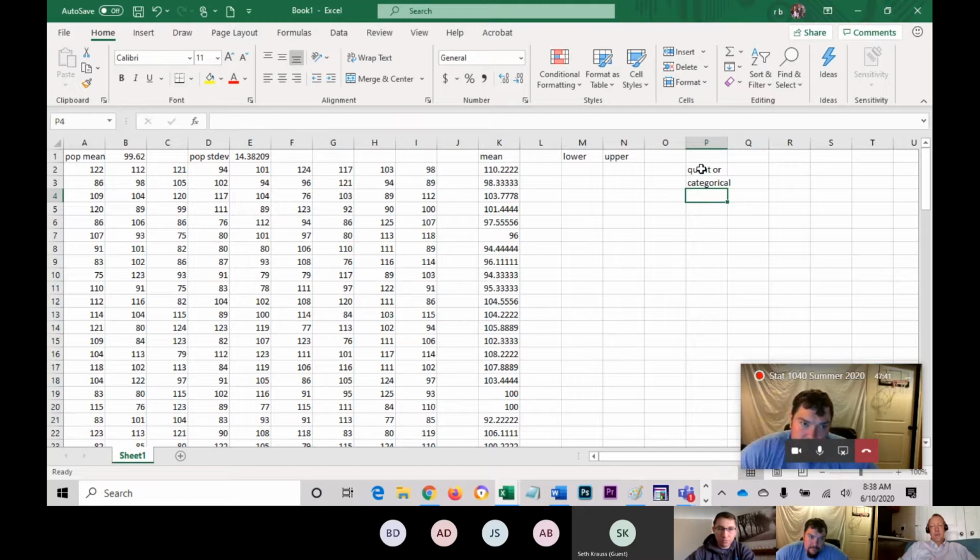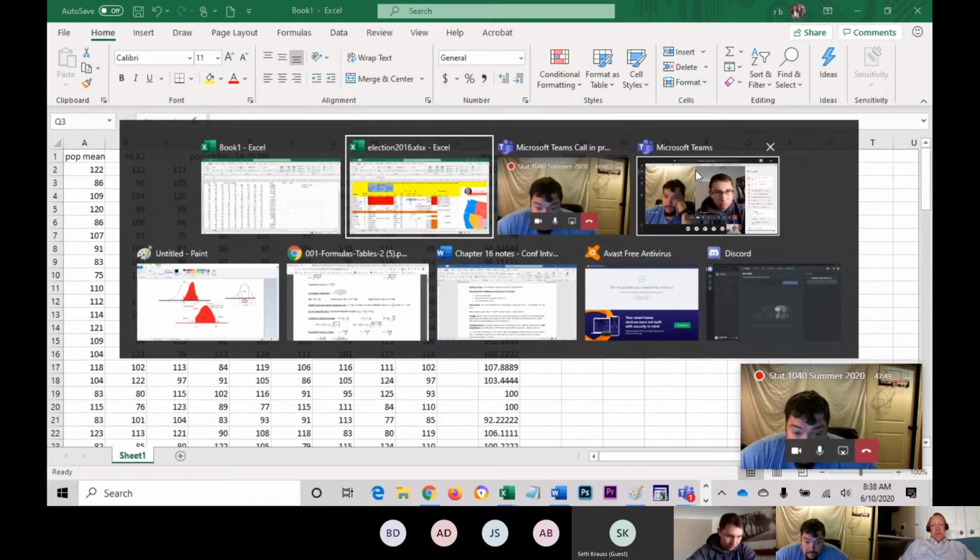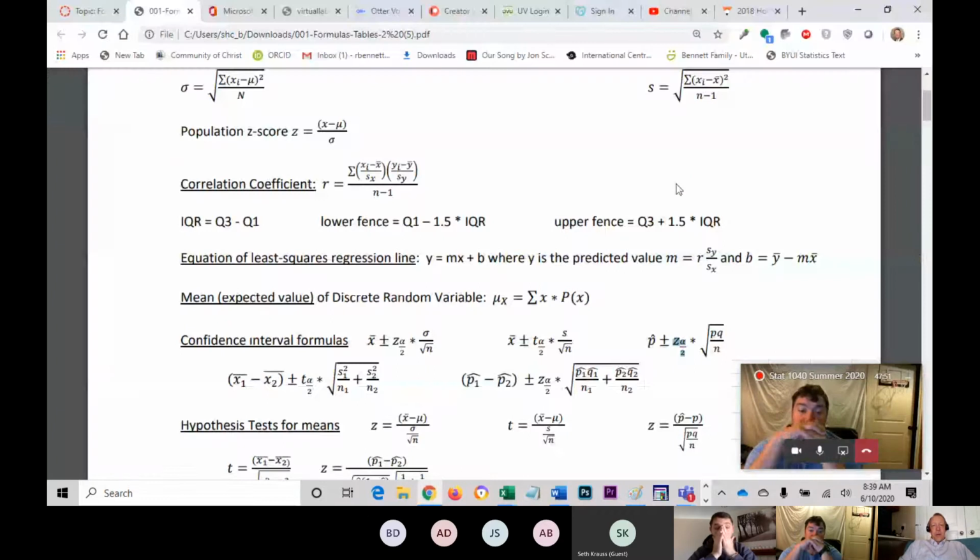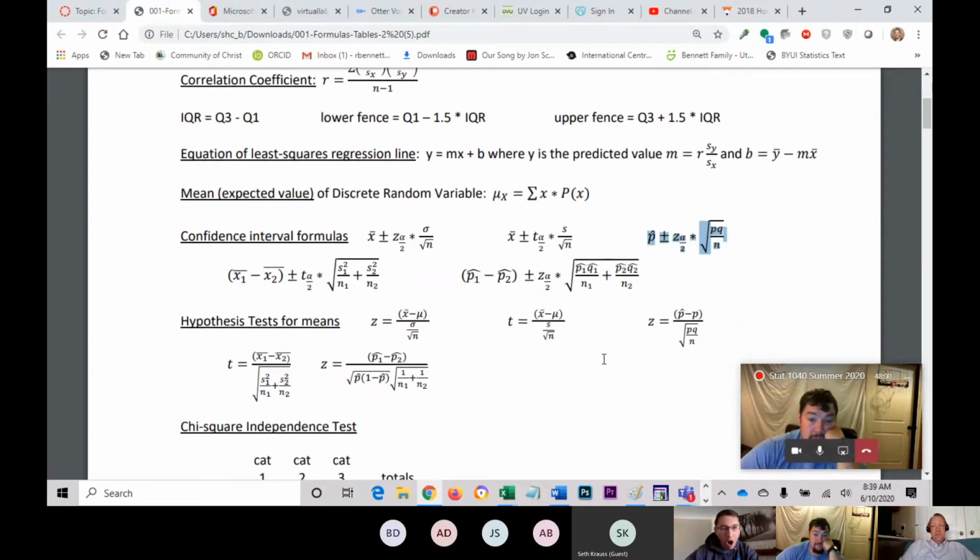Quantitative. Thank you, Wes. It's quantitative, right? Quantitative data. Okay, so which formula here? I'm going to give you a choice between this one here and this one here. Which formula do you think I should use out of those two formulas? The X bar, right?